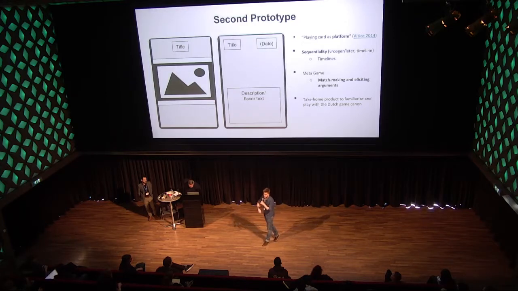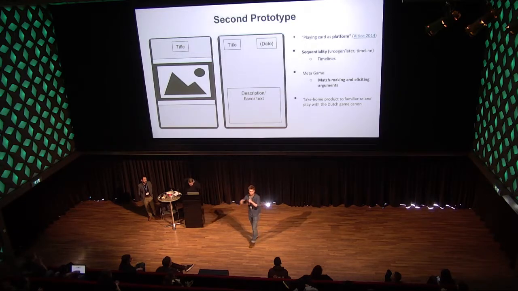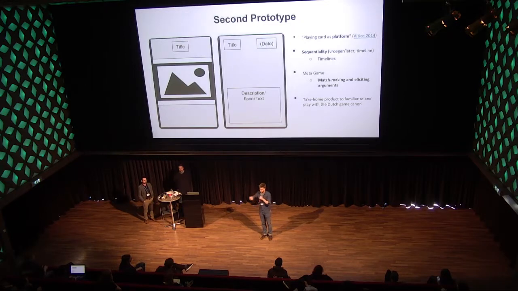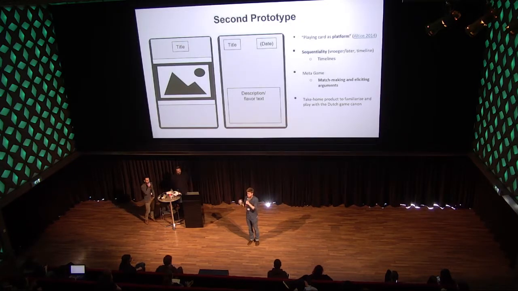You get a couple of cards and you start to argue why this game is better than that game, or why this game should or should not be in the canon, or why you think these games connect to each other. To that extent, these card games can also give us new insights into the canonization process itself.